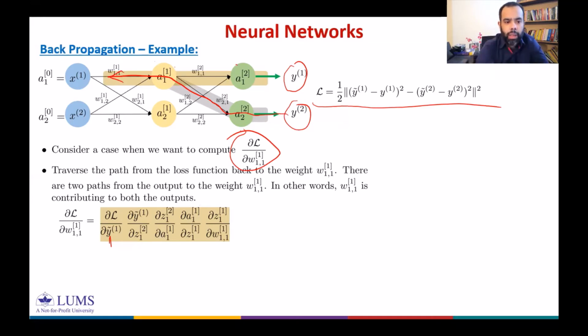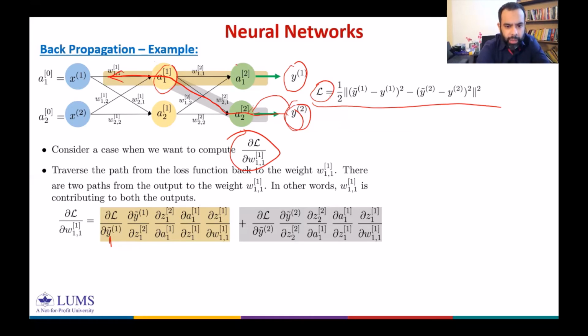So the idea is the same: partial derivative of the loss function with respect to y2 tilde, times the partial derivative of y2 tilde with respect to the pre-activation output, the partial derivative with respect to a22, the partial derivative of a22 with respect to a11. So that's it.